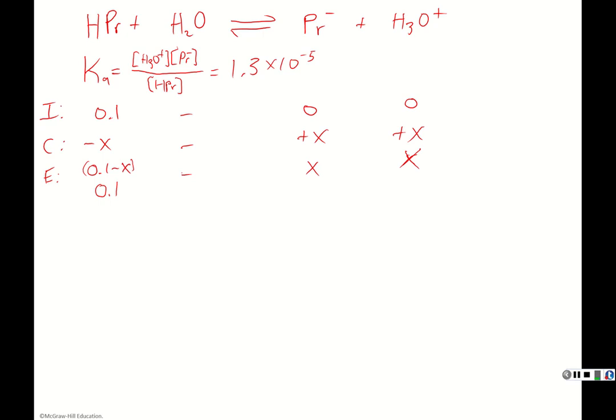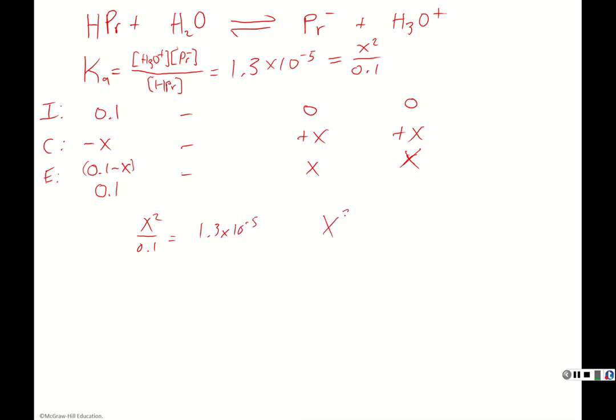So now we can solve for our Ka. If we go back up here and plug these in, that's just going to be x squared over 0.1 at equilibrium. So x squared over 0.1 equals 1.3 times 10 to the minus 5.